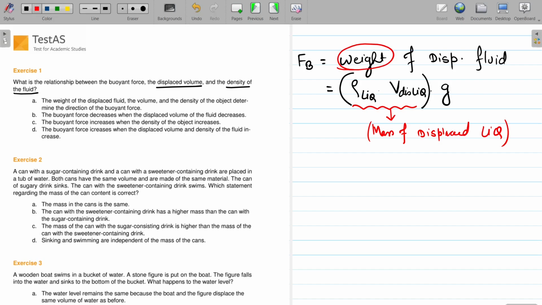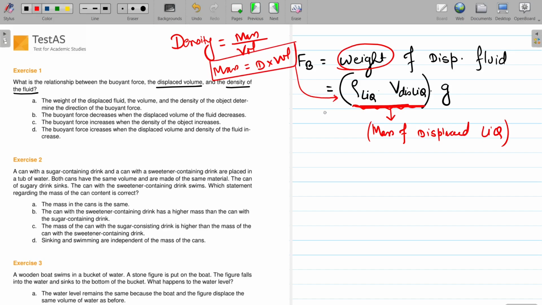I hope you are getting this, the difference between weight and mass. So this is the mass, density into volume into g gives you the weight. We know the density. What is the density? Density is mass upon volume. So we can write mass equals density into volume. That's the concept which is applied here.